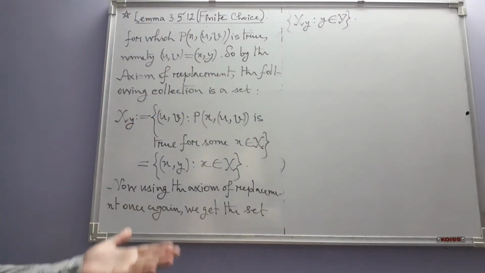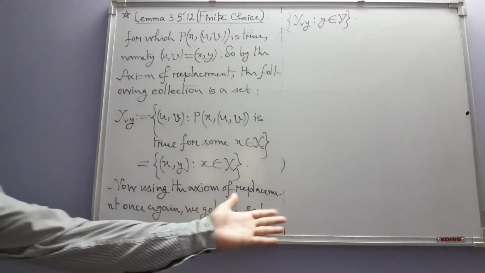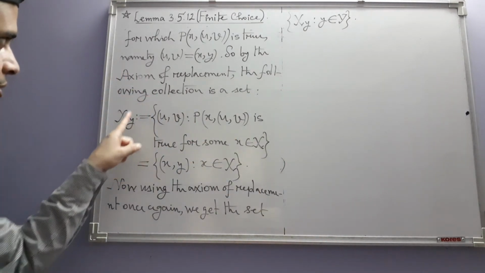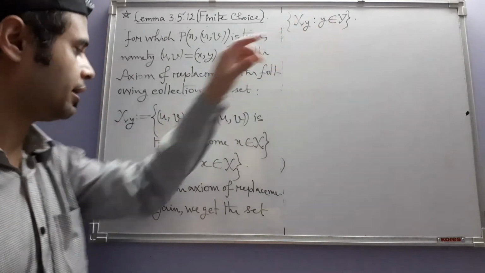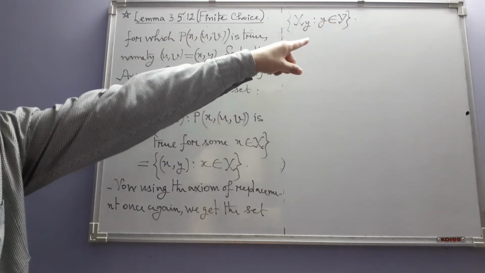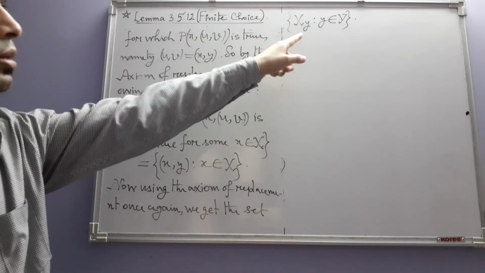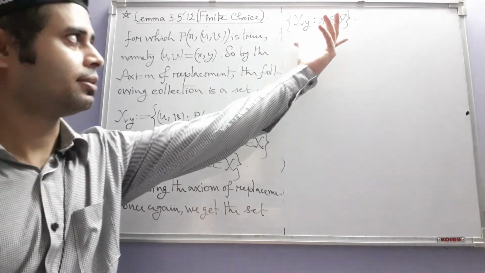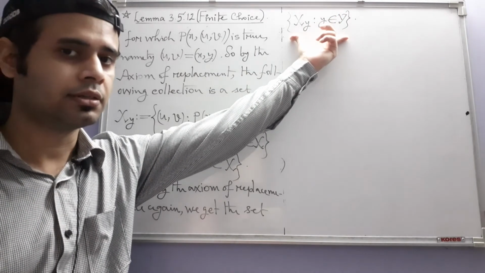What are we doing when we are saying we are again using the axiom of replacement? For every y in Y, we now have this set X_y. So we can consider the collection of such sets X_y, where y is varying over the set capital Y, and this collection itself is a set.